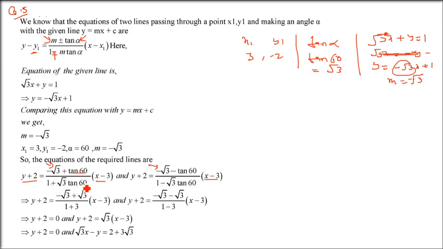So root 3 into root 3 is 3. Here also root 3 into root 3 is 3. But if you see the first equation, minus root 3 plus root 3 is going to be 0. So y plus 2 equals 0, and the second equation will be what you see here.